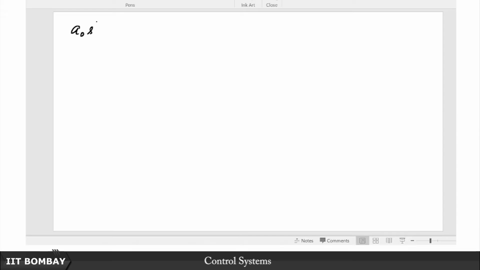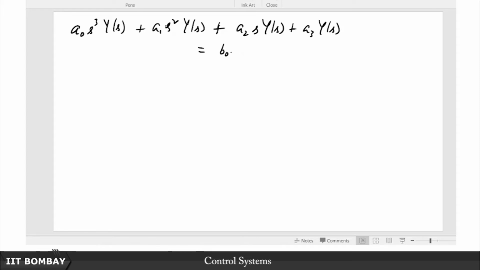What it leads us to is the following: a0 s cubed Y(s) plus a1 s squared Y(s) plus a2 s Y(s) plus a3 Y(s) is equal to b0 s squared U(s) plus b1 s U(s) plus b2 U(s).